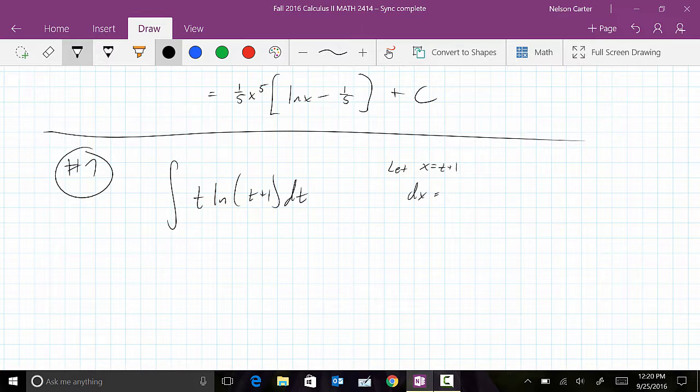That means that dx is going to be dt. But that also means then that t would equal x minus 1. So now this is going to be the integral of x minus 1 times the ln of x dt. Okay.